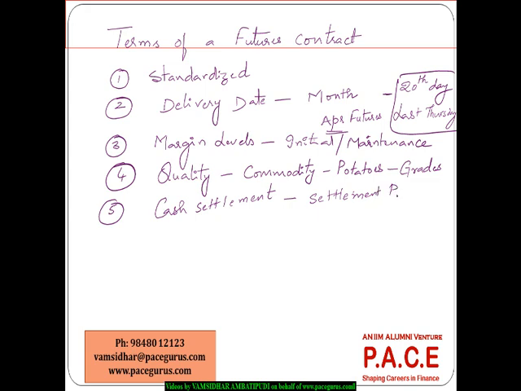Is it the last traded price, or is it the average of the last few trades, or is it some kind of formula on the trades during the last half an hour of the trading on the final maturity date? What is the typical mechanism involved with respect to the final settlement process? How is the settlement price computed? Those things should be there as a part of the contract specification.